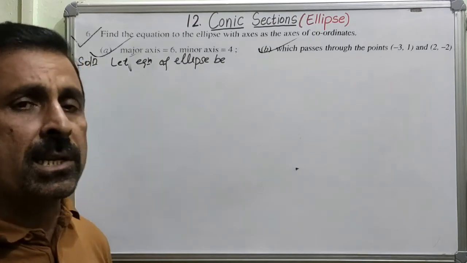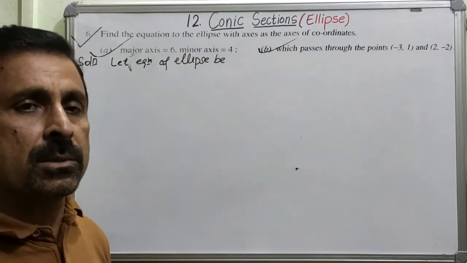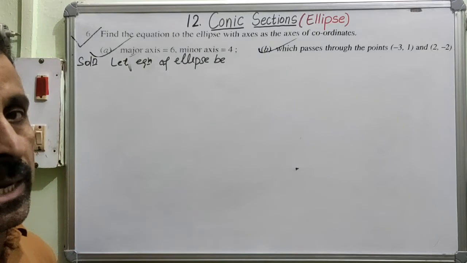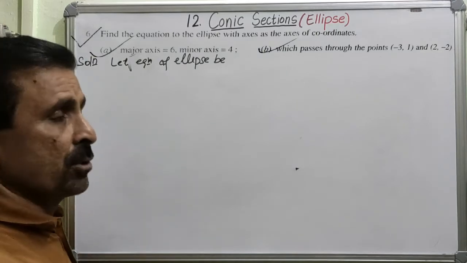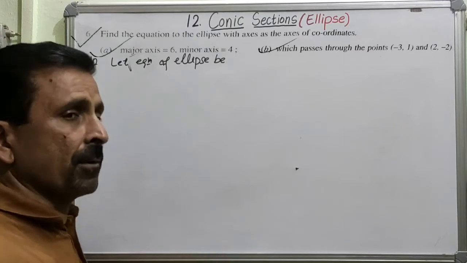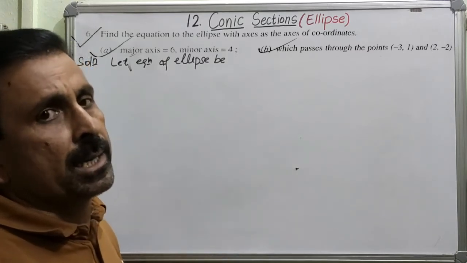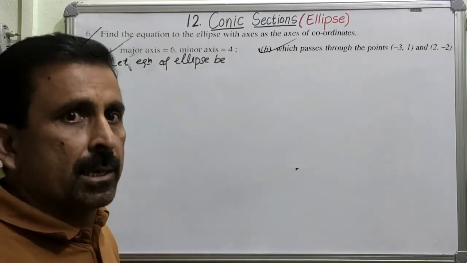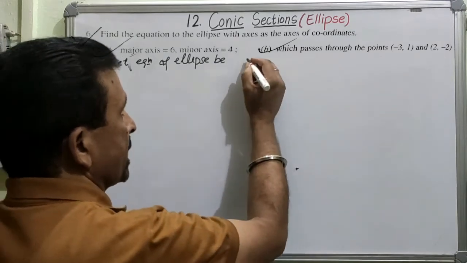When we have such confusion, we will always start with the horizontal ellipse. If it is by chance a vertical ellipse, it will automatically come out at the end. So we are going to start now.